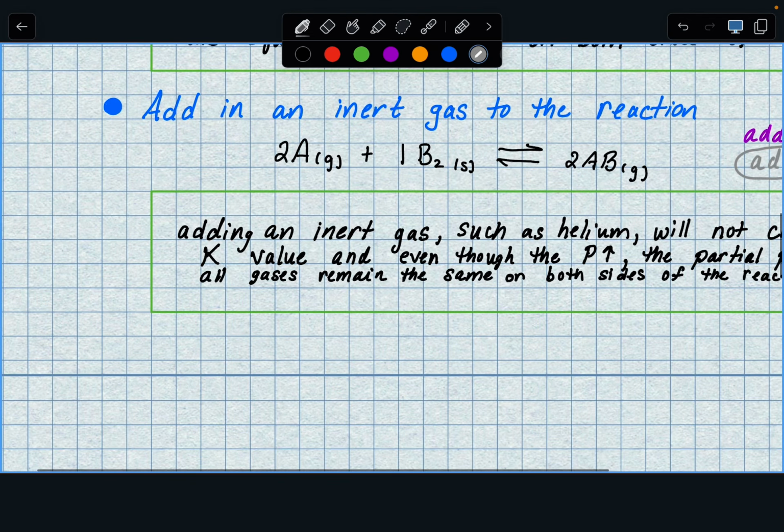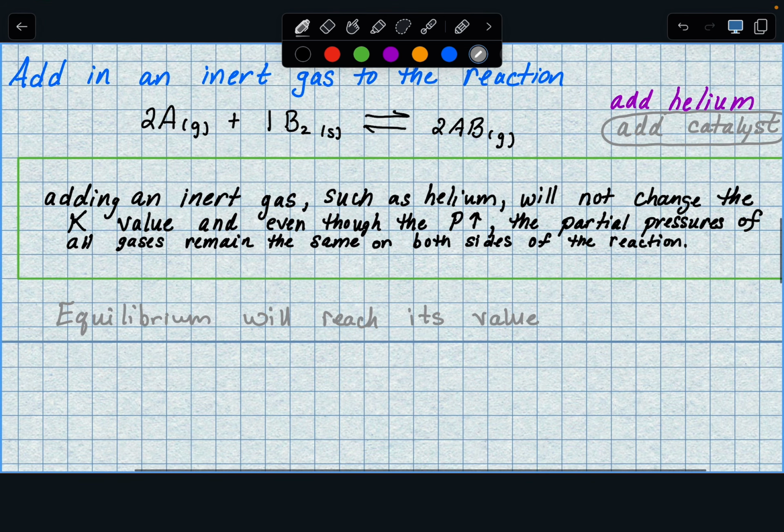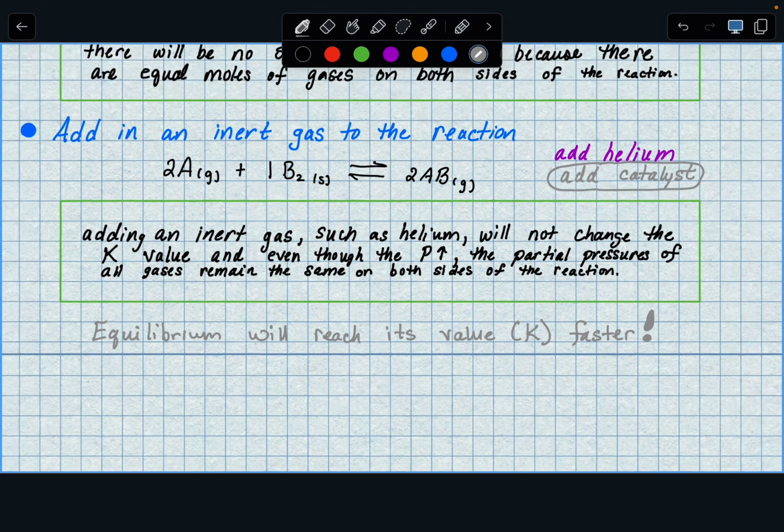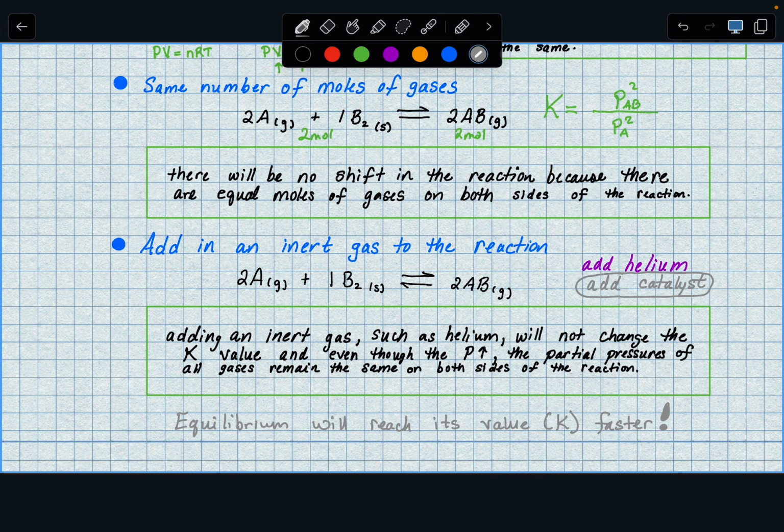If we add a catalyst, the equilibrium will reach its value, whatever value it's going for. So whatever the K value is, just faster, not more. It's not like we're going to make any more products or less products. There's not a shift. It just reaches its equilibrium position that it's going for at a quicker time frame, okay?